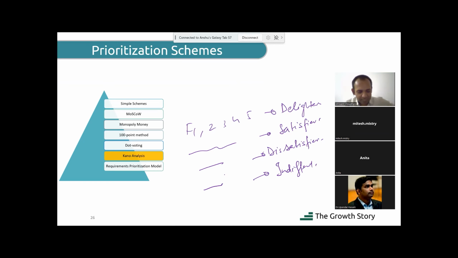Example, suppose all of us are married, so Upendra, you are married, right? Of course, my kid is in 9th standard.